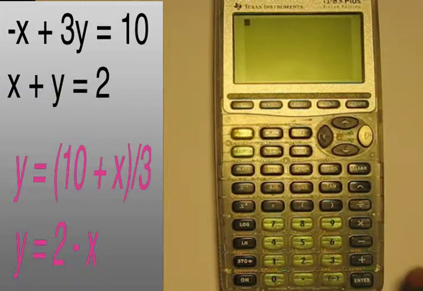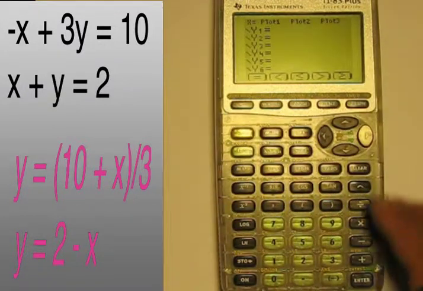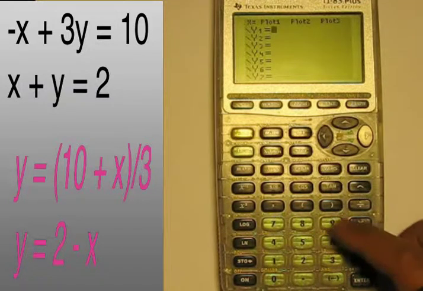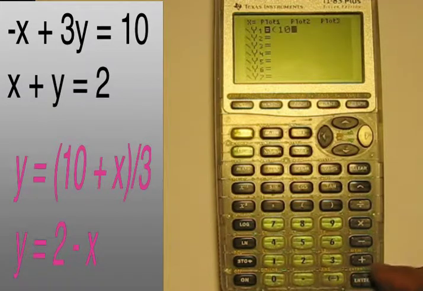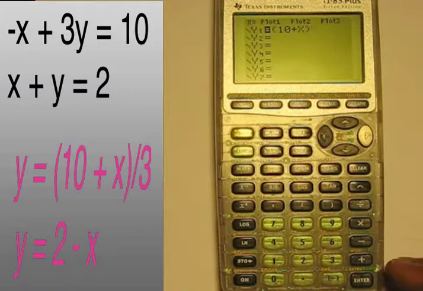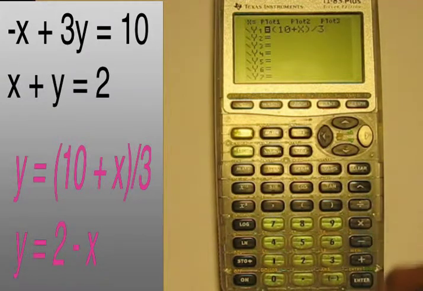Similarly, if we solve x plus y equals 2 for y, we get y equals 2 minus x. Once we solve them for y, we input them under the y equals editor. The first one I'm going to put in as parentheses 10 plus x, close parentheses, divided by 3. And the second one is 2 minus x.